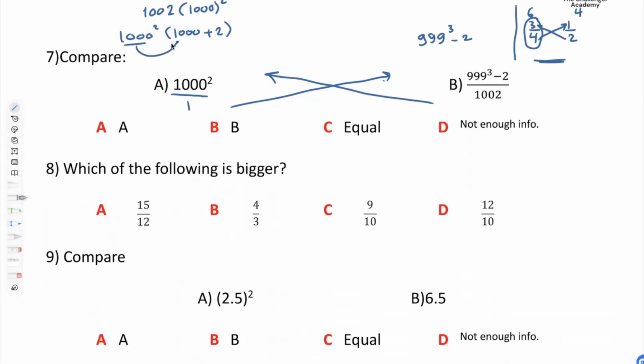Then distribute 1,000 squared for both. So 1,000 squared times 1,000 will be 1,000 raised to the power of 3, plus 1,000 squared times 2. Now you can compare: this value is greater than this one, and also this value is greater than this one, and we have positive and this is negative, so A is greater.